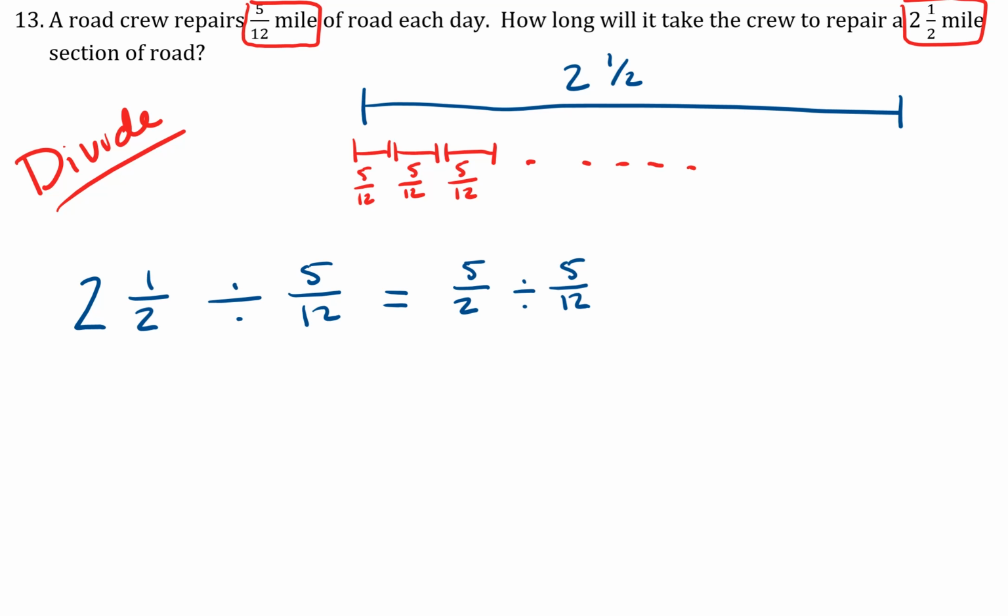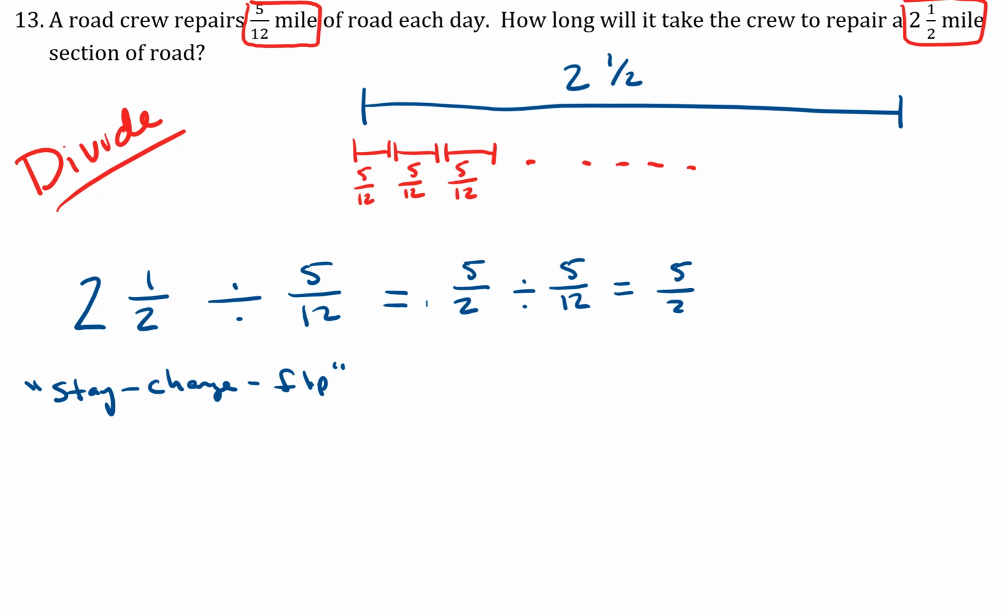And we're going to divide that by 5/12. Now, the way we divide fractions is to convert that to multiplication. Normally, we think about this as multiplying by the reciprocal, or you could think about it in terms of stay, change, flip. Okay, so the first fraction stays, it's 5/2.